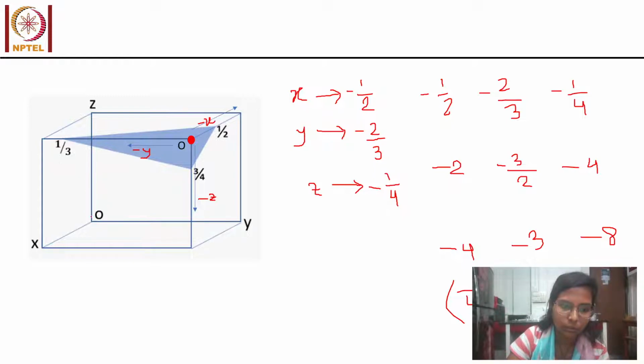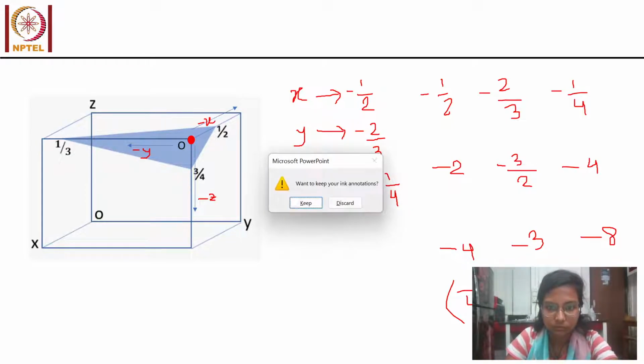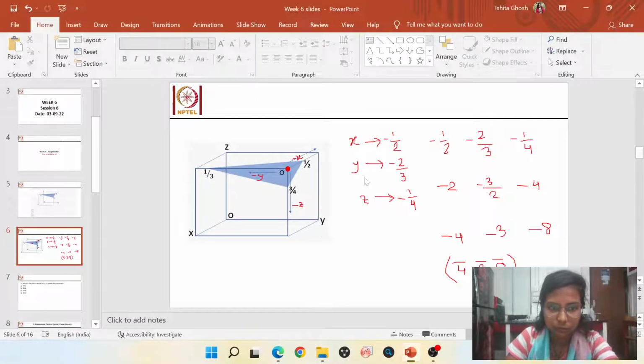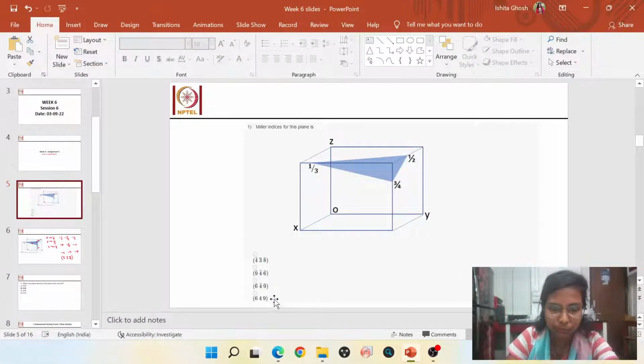I hope you understood. Since we had the origin from here and now we are shifting the origin, that is why we have to subtract these intercepts. If we go back to our options, we had 6 4 9, 6 bar 4 bar 9 bar, 9 bar 4 bar 6 bar, and 4 bar 3 bar 8 bar.